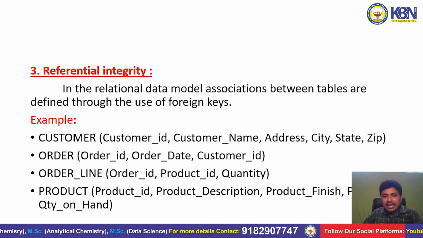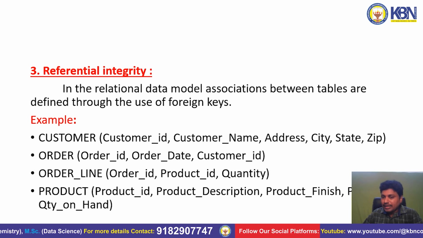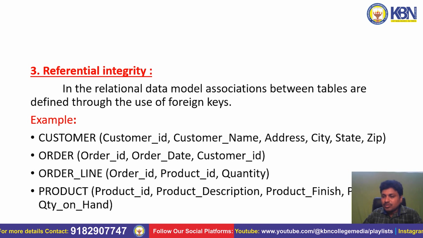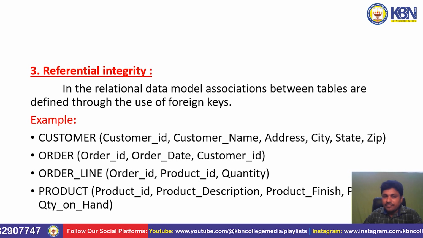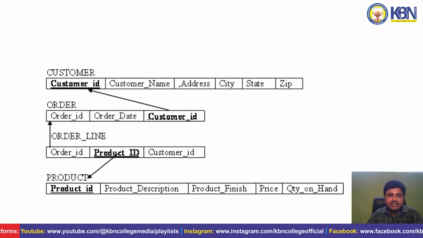Another example, order line: order ID, product ID, quantity. And next we go for the product. Product is also a relation: product ID, product description, product finish, product quantity on hand. So these are the different relations we have taken for the concept.